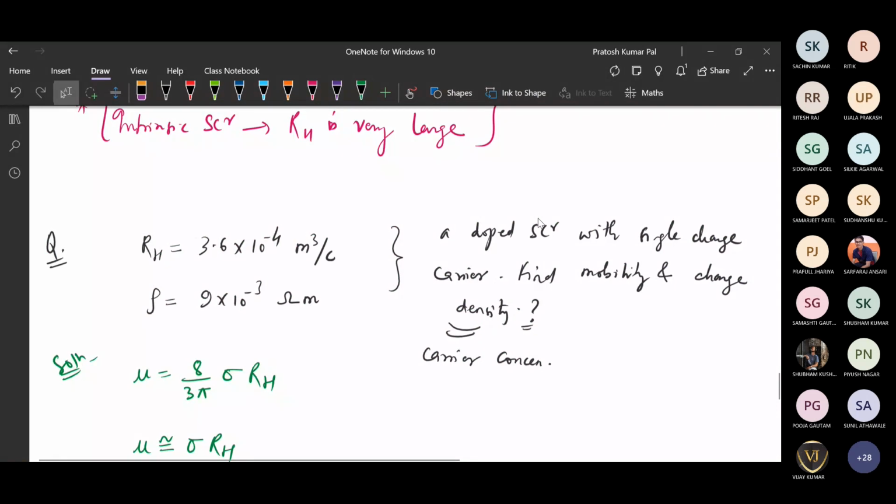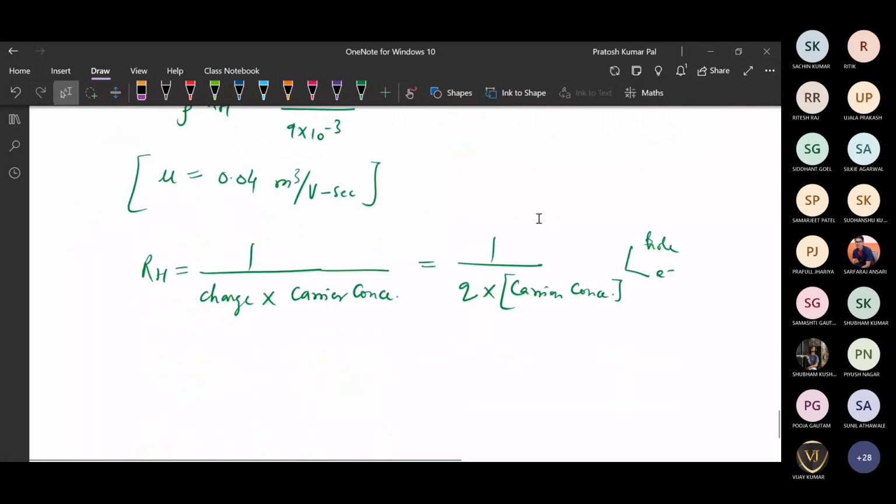That means we can consider it as N or any single charge carrier. Only one charge carrier we will be considering. So the carrier concentration will be given by 1 upon Q into RH.